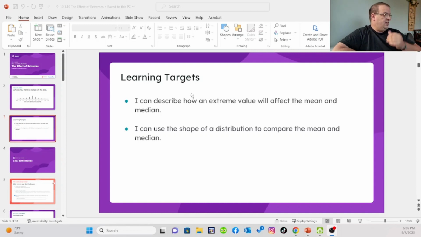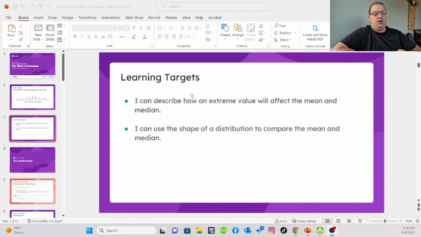So the learning targets here, I can describe how an extreme value will affect the mean and the median. So we're going to look at these extremes, extremely low, extremely high, and we're going to see, do they affect the mean or the median and how? And then the second learning target, I can use the shape of a distribution to compare the mean and the median.